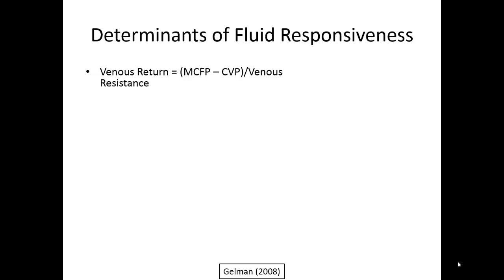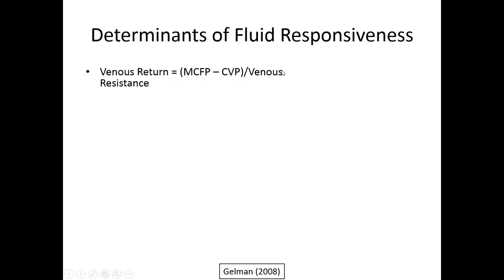As we discussed, when you give fluids, the idea is you want to improve preload and improve cardiac output. But preload, venous return, is determined by this formula: mean circulatory filling pressure minus CVP divided by the resistance in the venous system, which makes sense. It's kind of the driving pressure divided by the resistance. But you'll notice CVP is on the wrong side of the equation here.